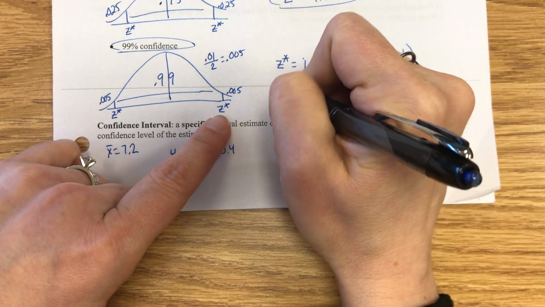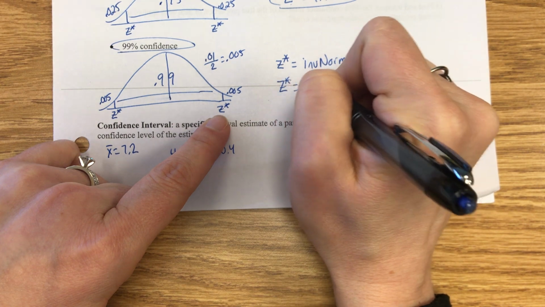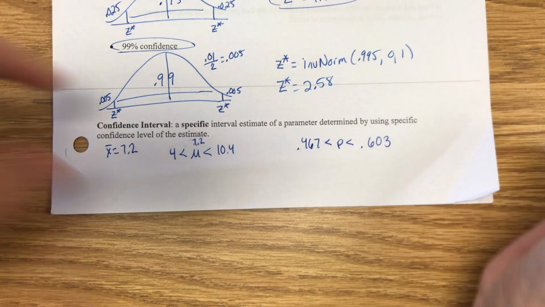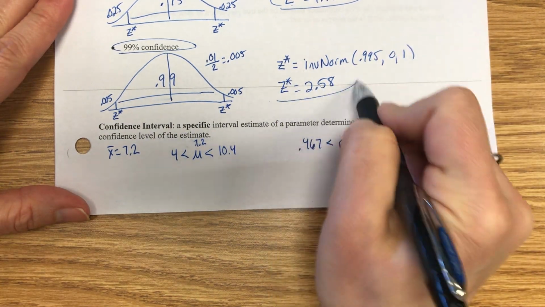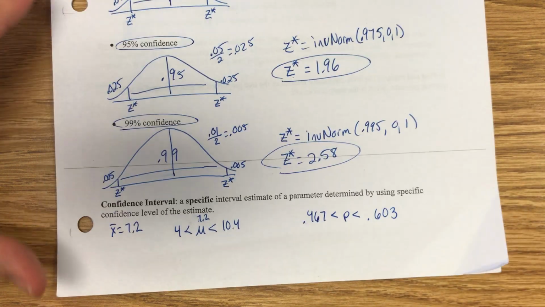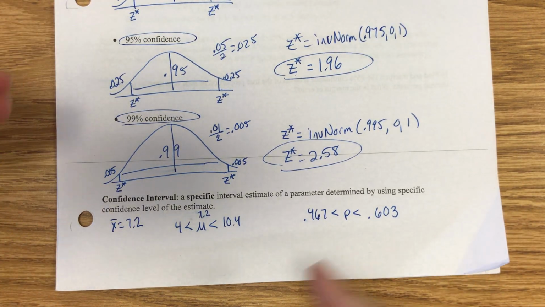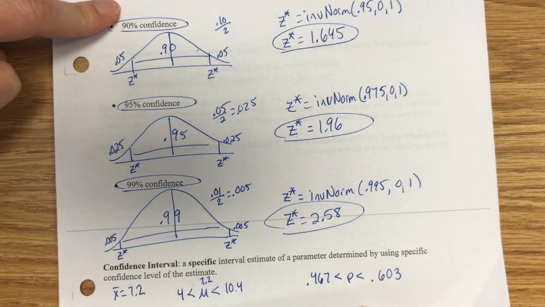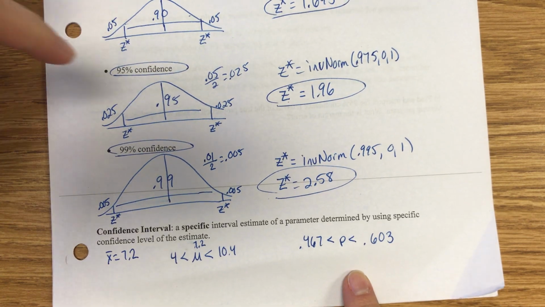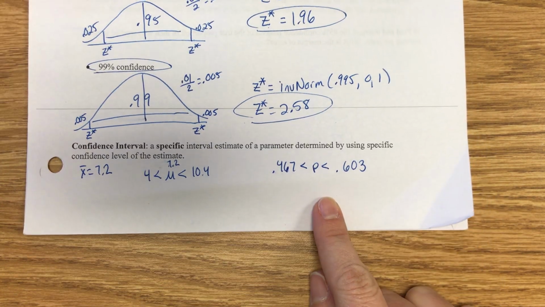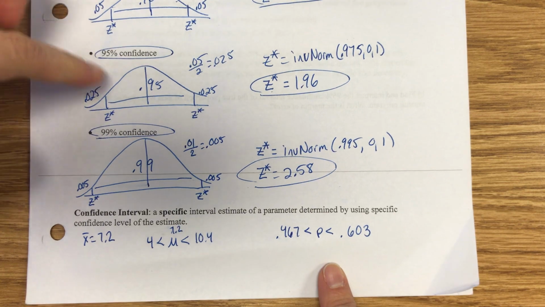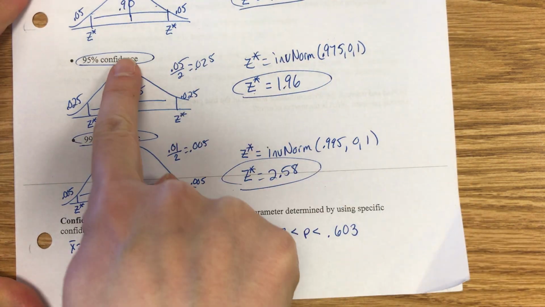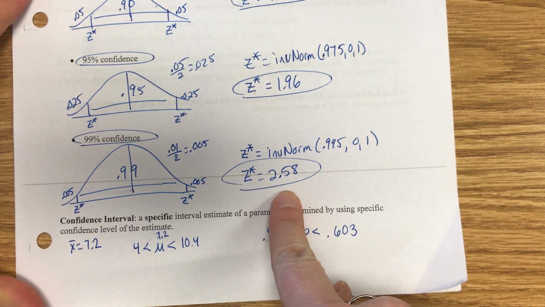Okay, and then that gives you a Z star of 2.58. So add that to your Post-it note. You will see in a second when we get to the problem, the problem is going to only give you one of these 3, right? So it's going to tell you this percentage, 90% confident or 95% confidence or 99% confidence. So whichever one of these it tells you, that tells you which one of these Z stars to use.